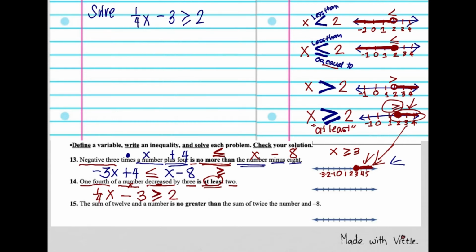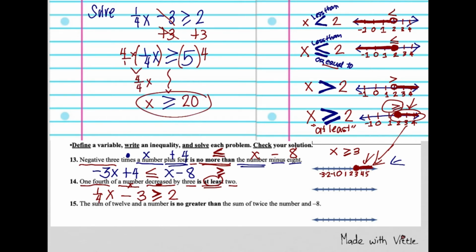Cancel -3. Multiply both sides by 4 to cancel out that 1/4. No need to reverse the inequality symbol because we're just multiplying by a positive number. The dot should be shaded because it says equal to as well. And everything to the right is greater.